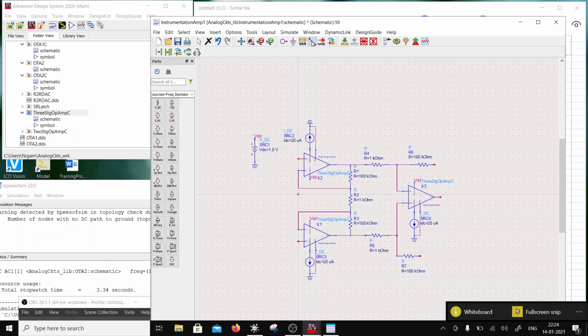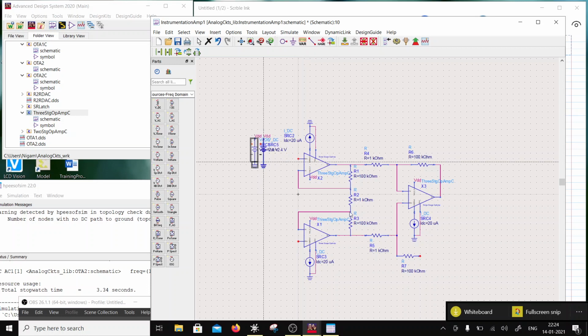Okay, so this is a feedback. Okay, and then I'll put a DC. So this is supply of 2.4 volts, and there is a 1.2 volt common mode voltage.